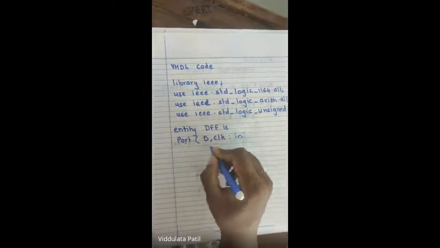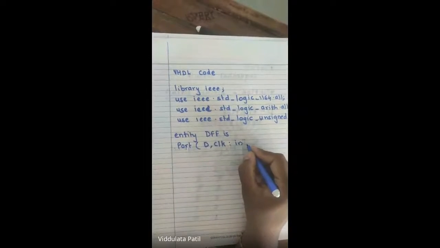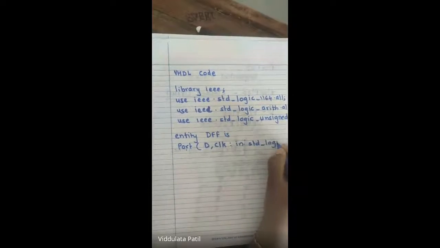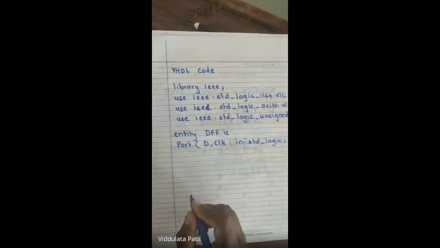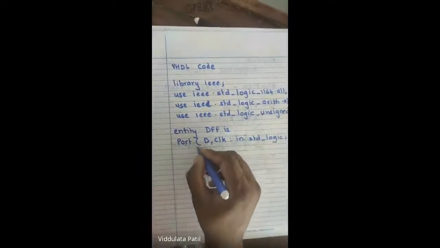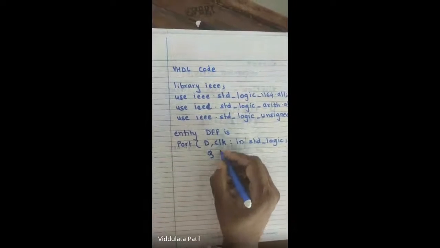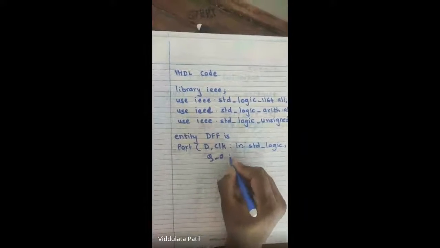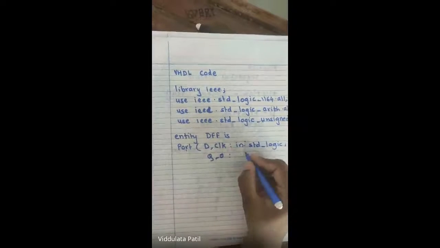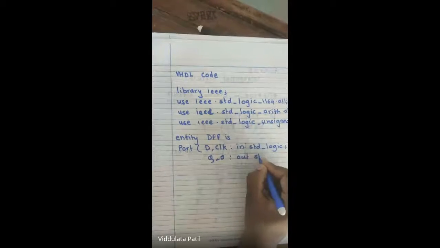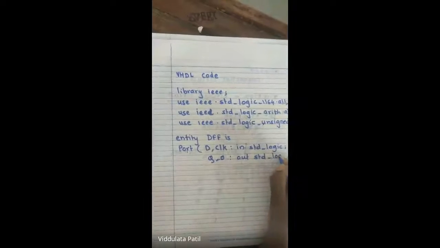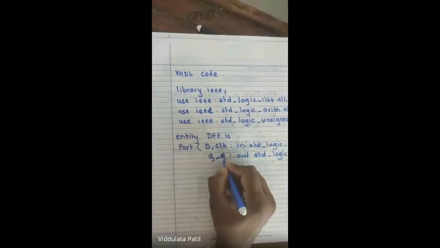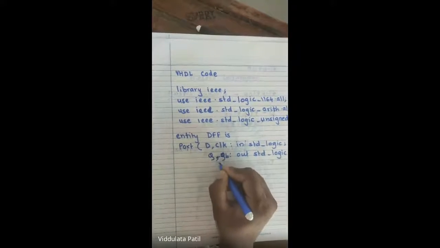So D comma clock colon in, and the type that we are going to have is std_logic. Then Q. Let us have only one output here: Q colon out std_logic. If you want to declare that also, then you can have QB.